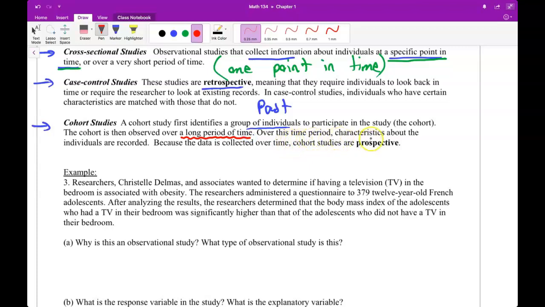Over this time period, characteristics about the individuals are recorded, because the data is collected over time. Cohort studies are prospective. So this part is in the future. So we follow the participants into the future.